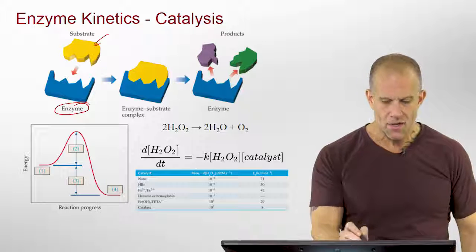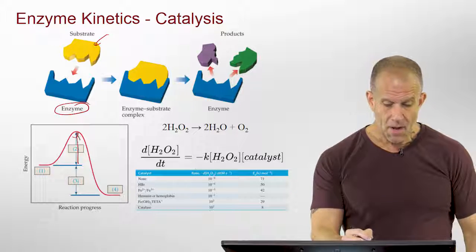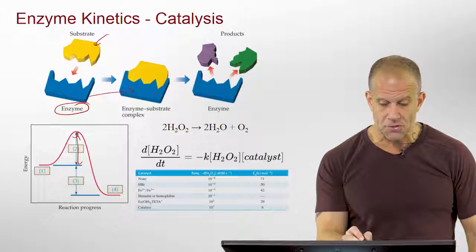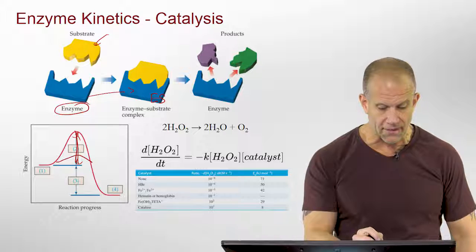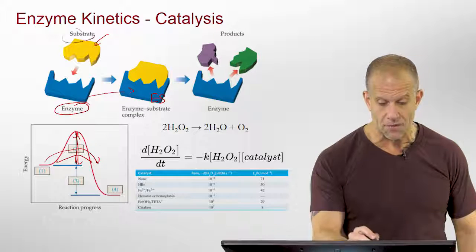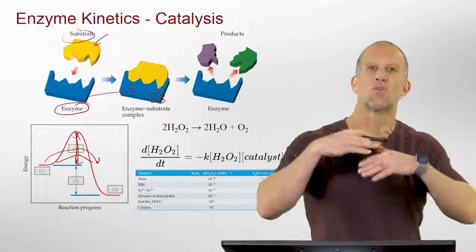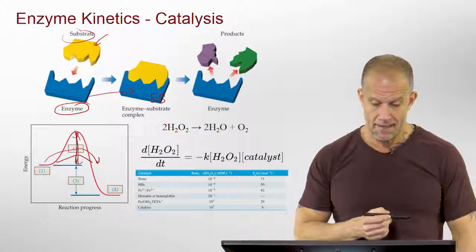So the substrate could react to form products on its own, but what this enzyme substrate complex does is lower this activation barrier significantly, so that the time scale of this substrate going to products is greatly enhanced through this lock and key type of mechanism.